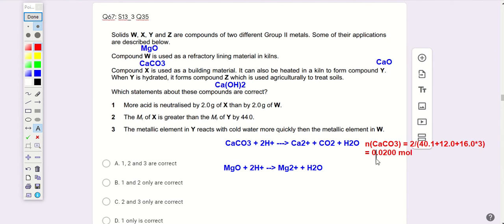Now if I have 0.02 mole of calcium carbonate, how much acid will it neutralize? So the amount of acid neutralized will be 0.02 multiplied by 2, which is 0.04 mole.